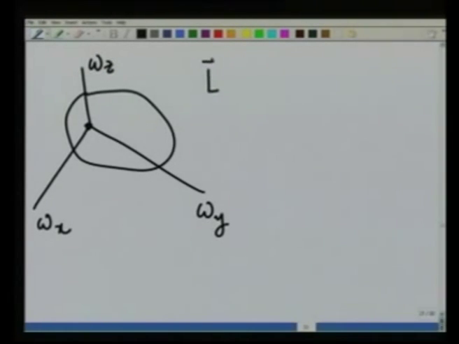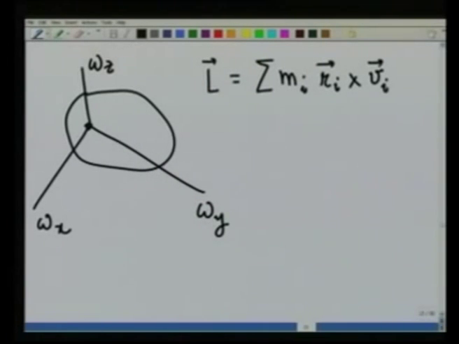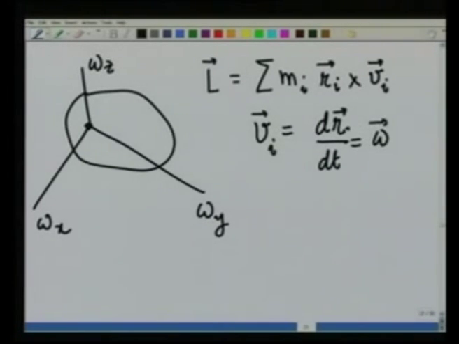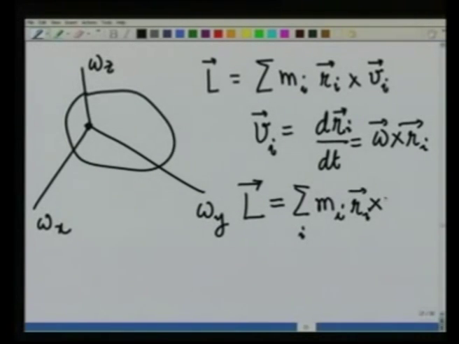The angular momentum vector L is given as summation mi Ri for the ith particle cross Vi, and we just saw that I can write Vi, which is nothing but dr over dt, as omega cross Ri, and therefore, the angular momentum vector L is equal to summation over i of mi Ri cross omega cross Ri.